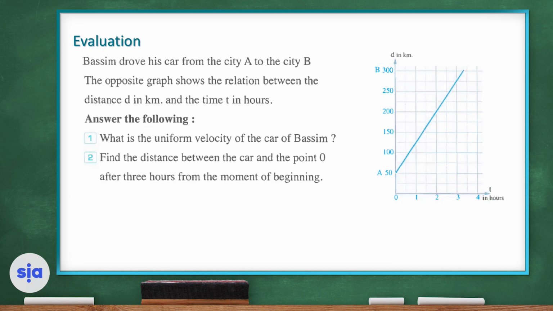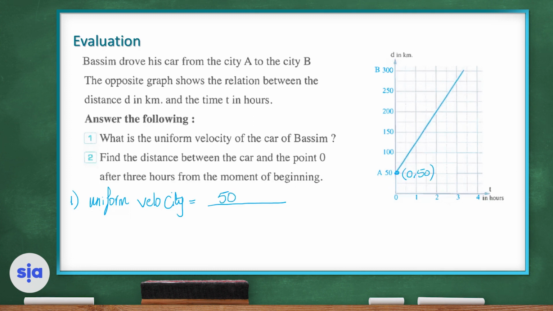To answer the first requirement, we're going to find the uniform velocity, which we get by finding the change in distance over the change in time. So, for number 1, the uniform velocity equals the change in distance.